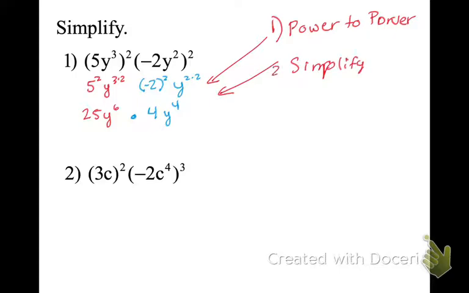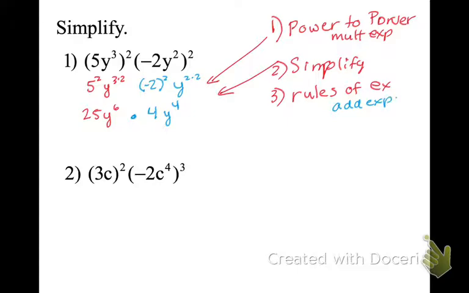Okay, number 2. Number 3, now we're using our rules of exponents. Here we multiply the exponents. Here, when there's no inside-outside parentheses, we really add the exponents.